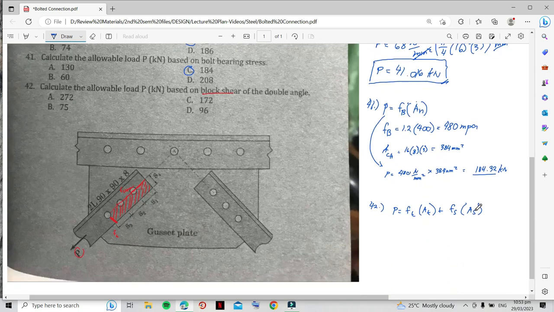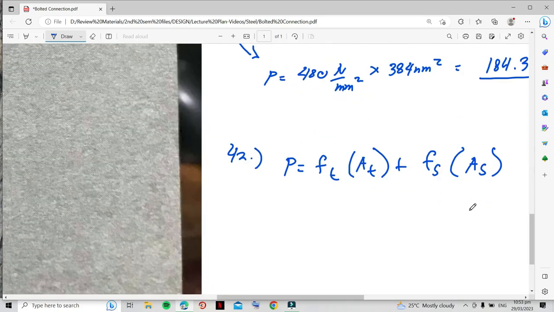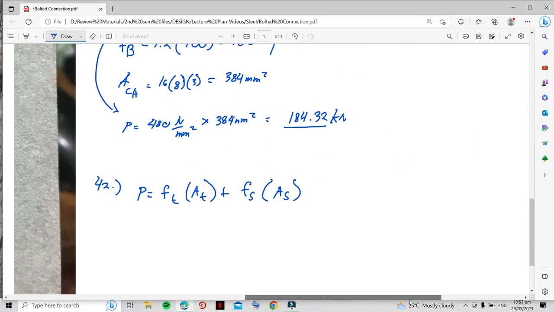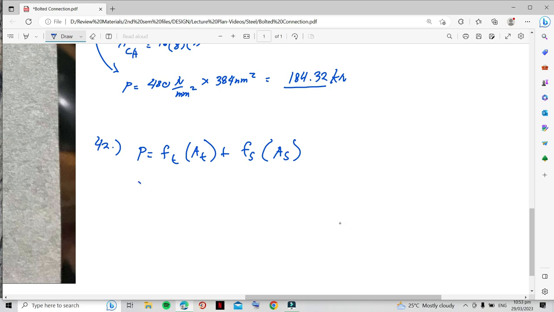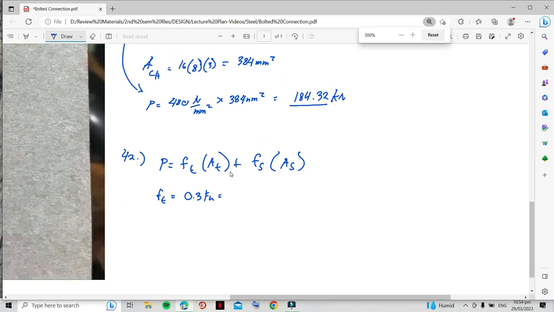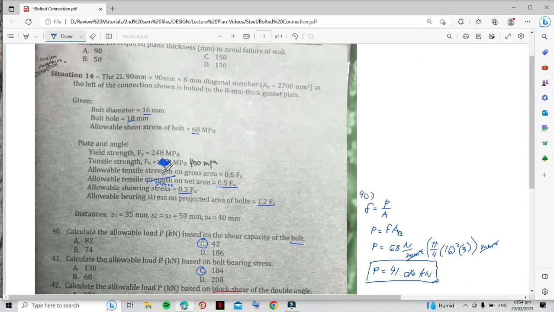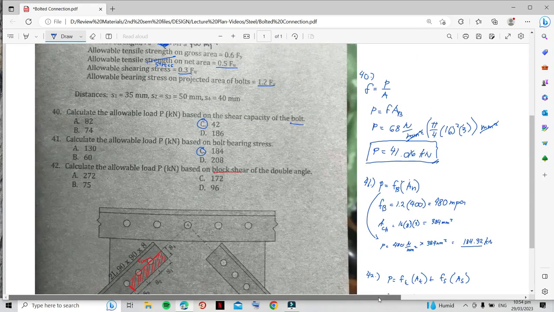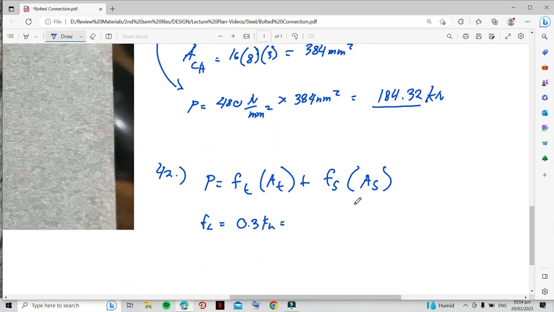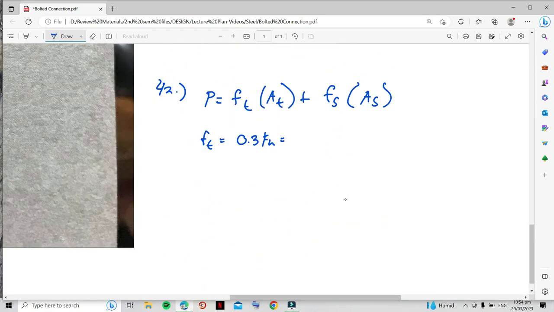Okay. So stress in shear is equal to 0.3 Fu. So Fu is, I think, 400. Okay. 0.3 times 400.